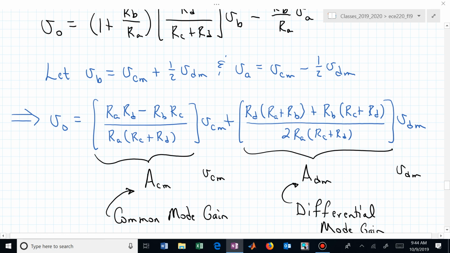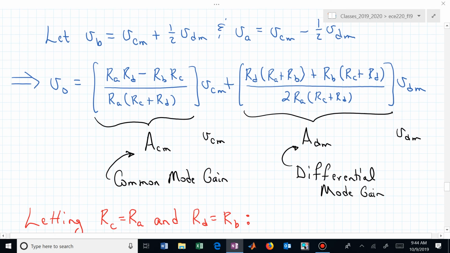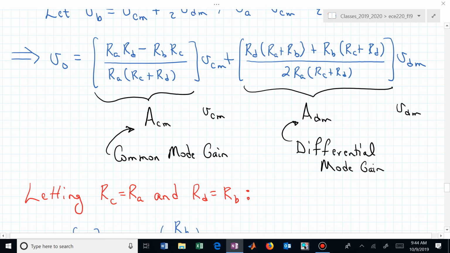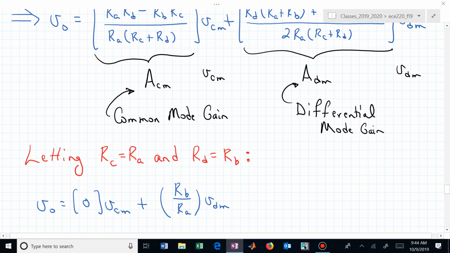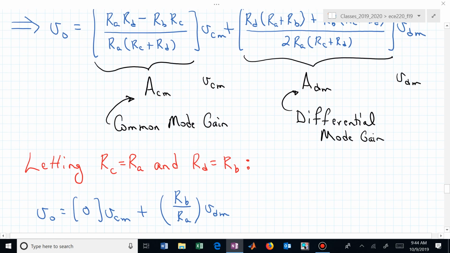And since we're throwing all these variables around, let's create some new ones. Capital A sub cm, that's the common mode gain. Capital A sub dm, differential mode gain. If we do this relationship again of R sub A being R sub C and R sub D equaling R sub B, wow. Now you might be able to remember that one.